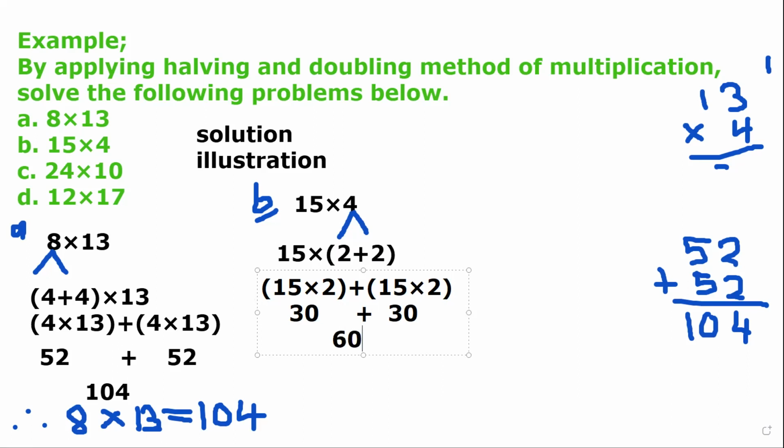Okay, good. Therefore, 15 times 4 is equal to 60. Okay, good.